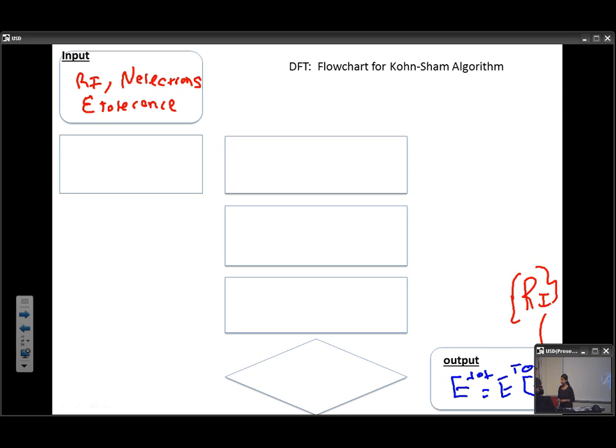We can use a random number generator or maybe compute it by a lower level method and just guess the initial density right here. Very good. Thank you.